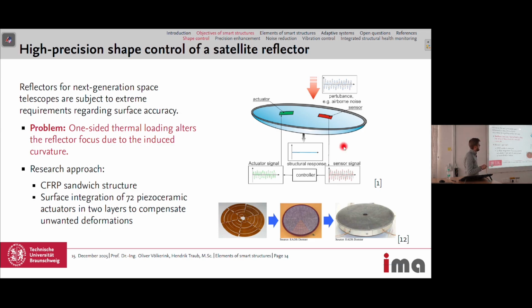And due to the sensor signal, the controller tries to get a structural response without the perturbance. And here below you can see the different elements of this satellite reflector. Here are the piezoceramic transducers, which are then integrated into the reflector structure, and the whole system is made from them.